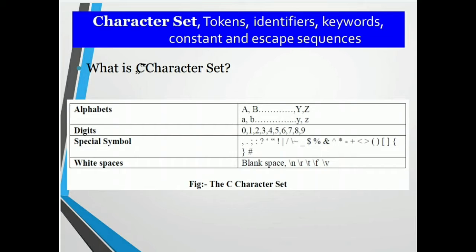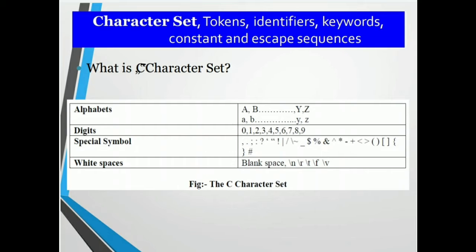Let us see what is meant by characters. Characters denote any alphabet, digit, or special symbol used to represent information. Let us see its uses. These characters can be combined to form variables. C uses constants, variables, operators, keywords, and expressions as building blocks to form a basic program.